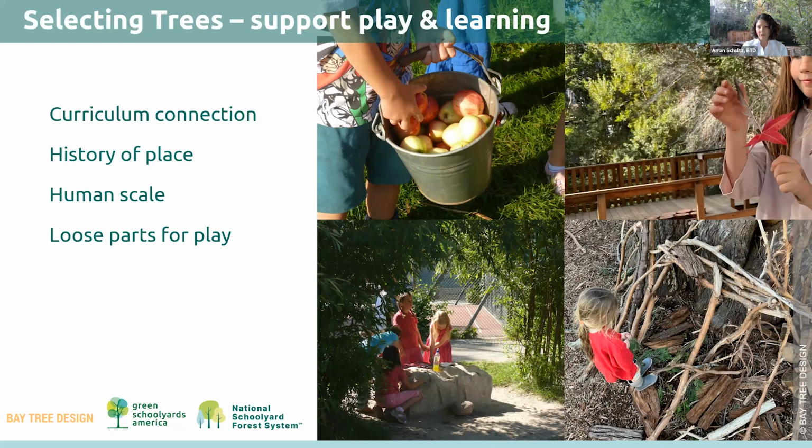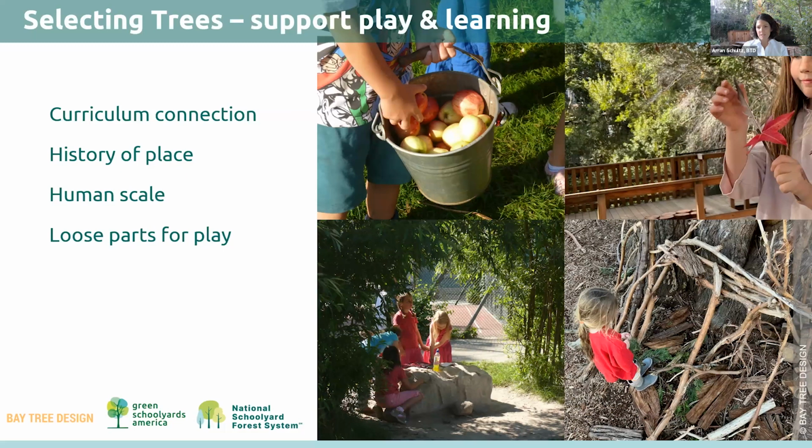They also produce loose play parts in the form of cones, seeds, seed pods, flowers, stems, leaves. We've listed which trees produce these interesting tactile objects, as well as those with additional features, such as weeping branches, visible root structures, and aromatic foliage.